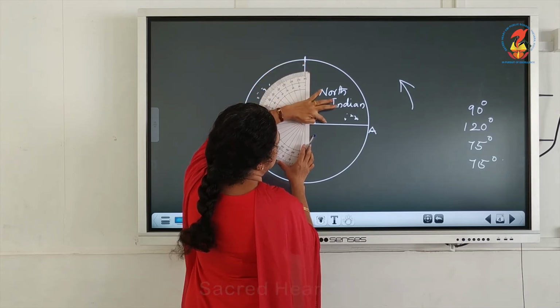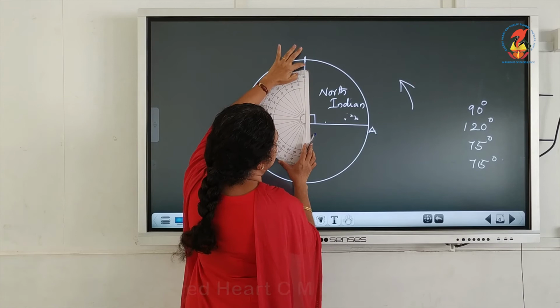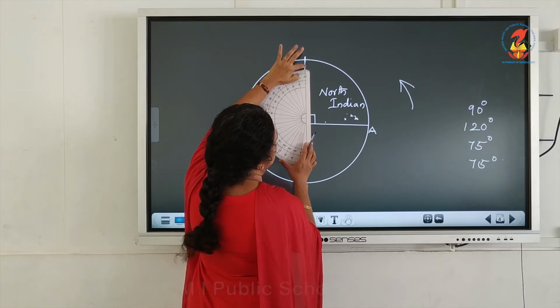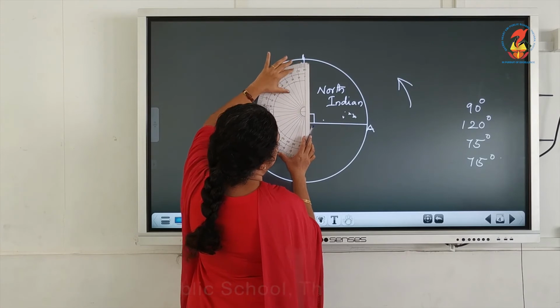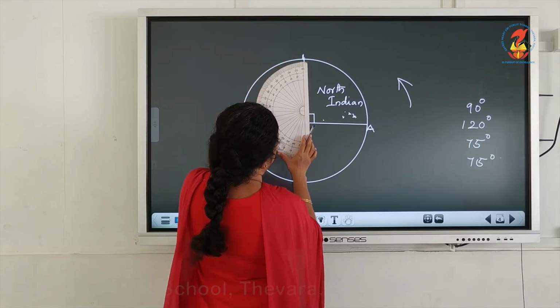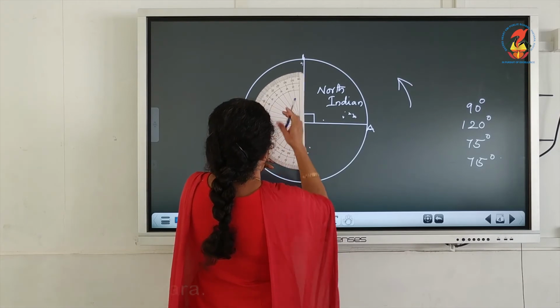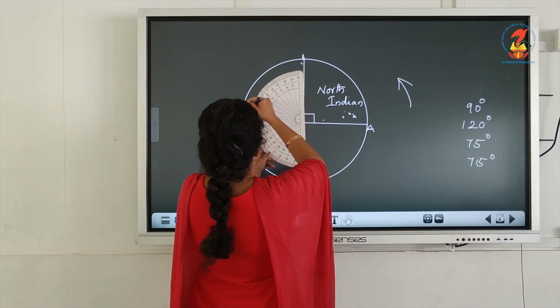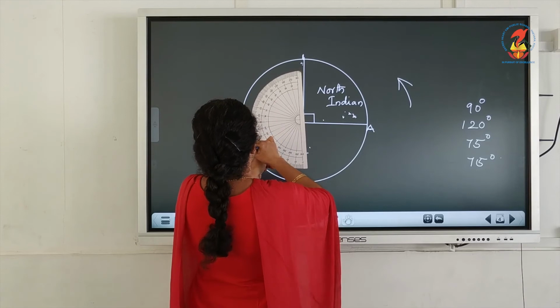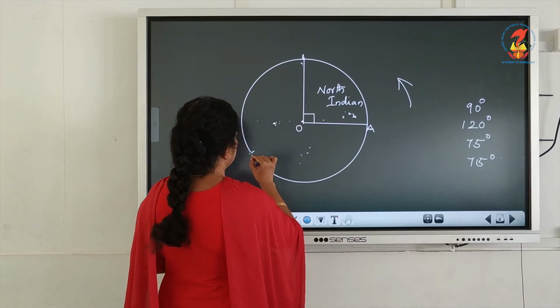Then select 120. When you take 0 like this, 120 will come here, this point.